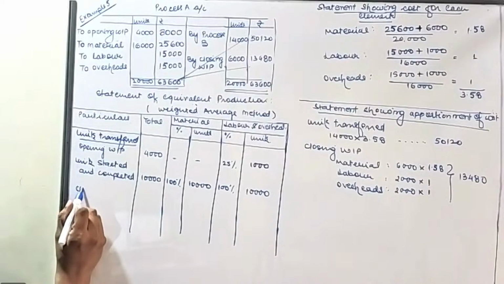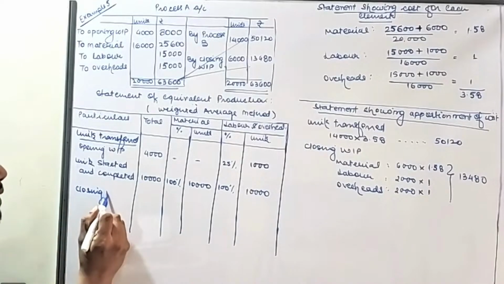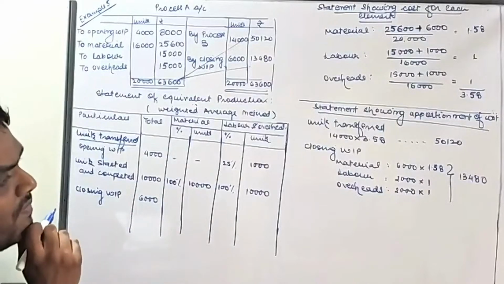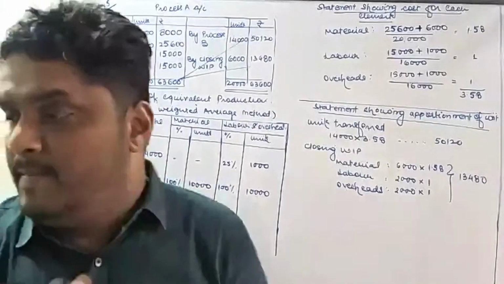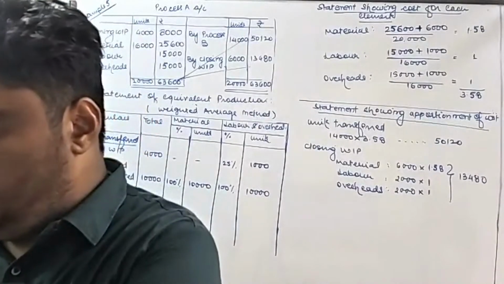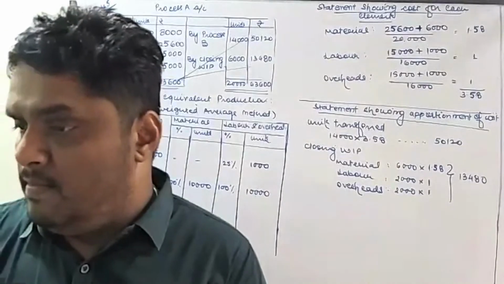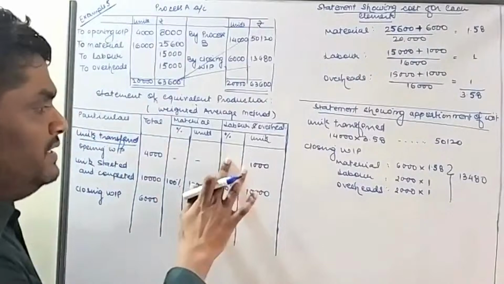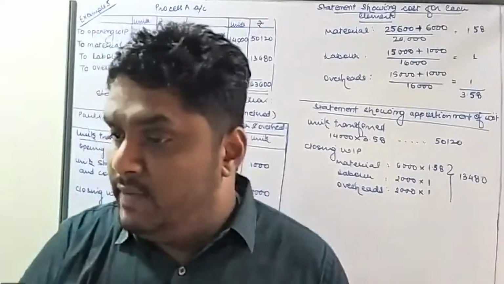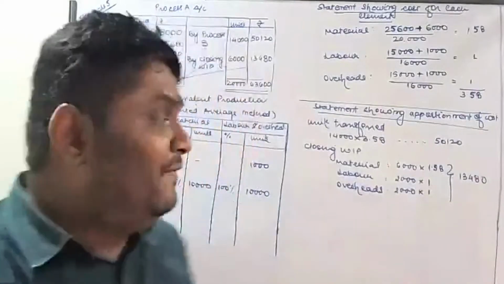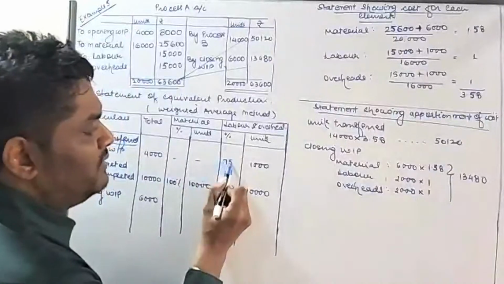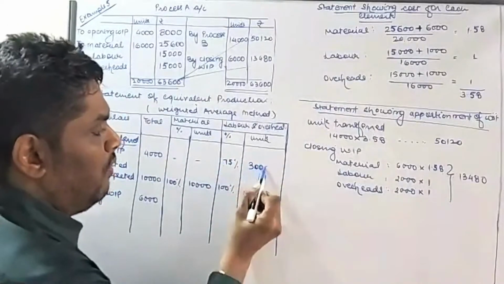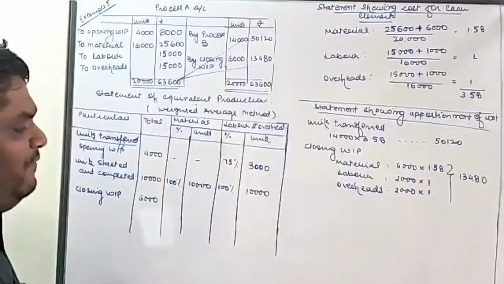Now, for closing work in progress, that was 6,000 units. Sorry, it is given units in process on 75% work was done during the year. This is what we prepared in FIFO.